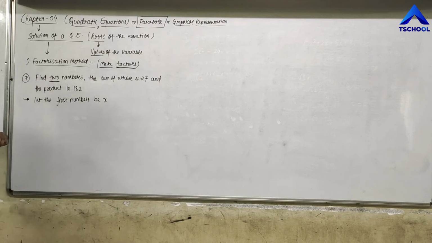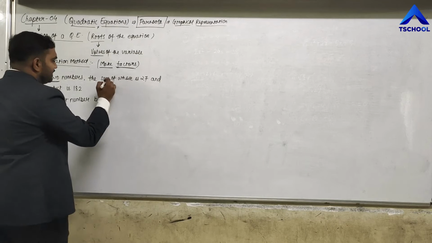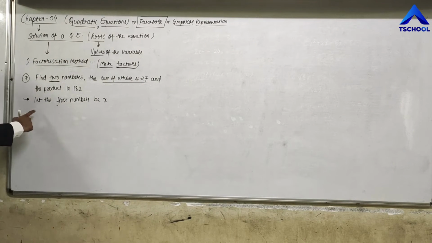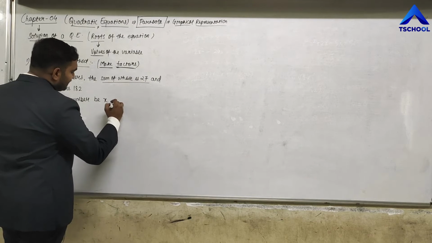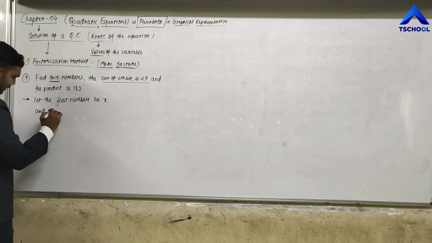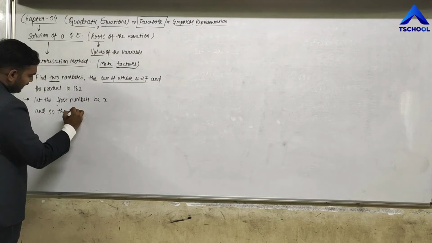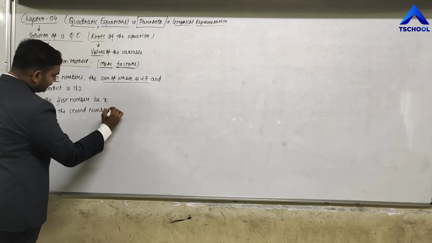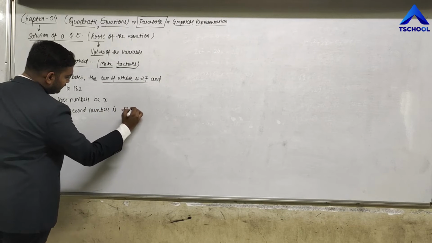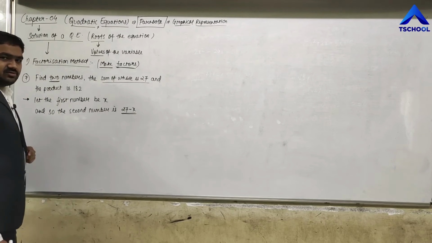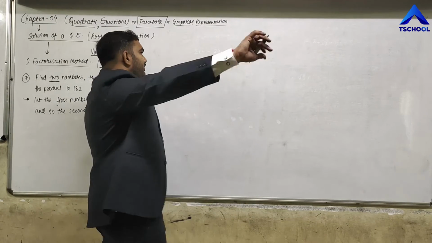As we have discussed in the first topic, here it is said that the sum of the numbers is 27. So if the first number is x, the second number is 27 minus x. Yes or no? How is it 27 minus x?